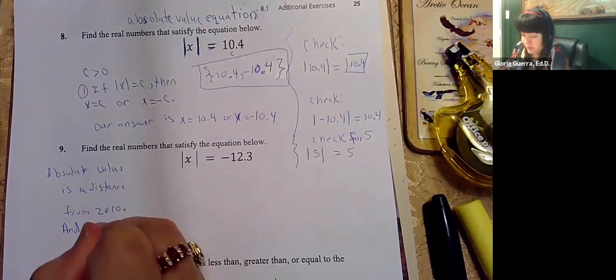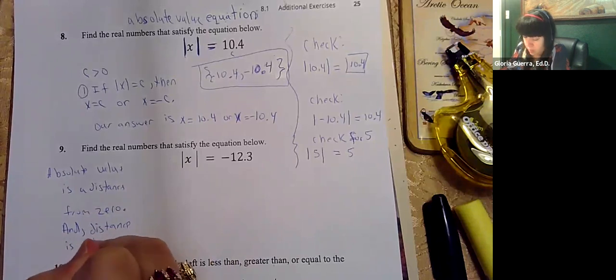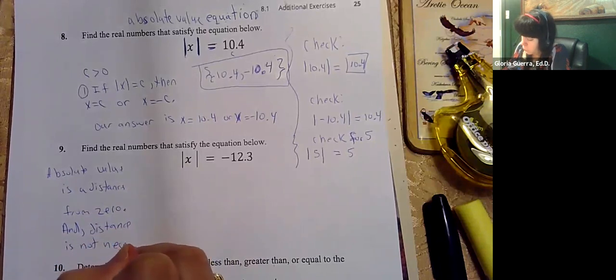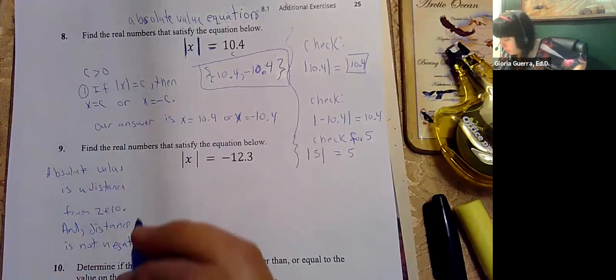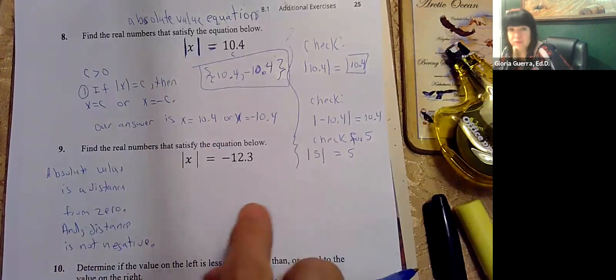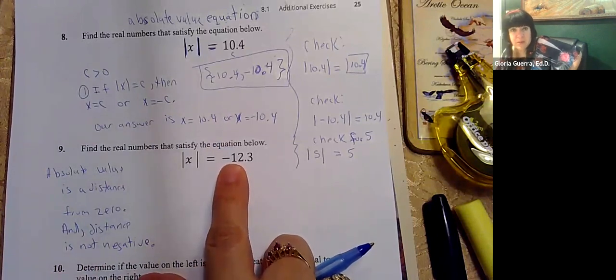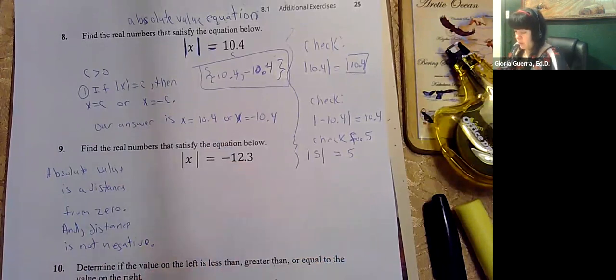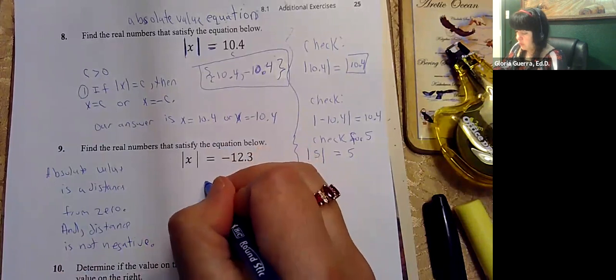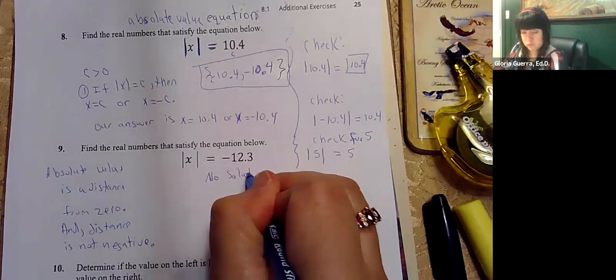And remember that distance is not negative. So this couldn't be a possibility. This couldn't happen. Distance cannot be negative. So that means that as far as our answer goes, we have what they call no solution.